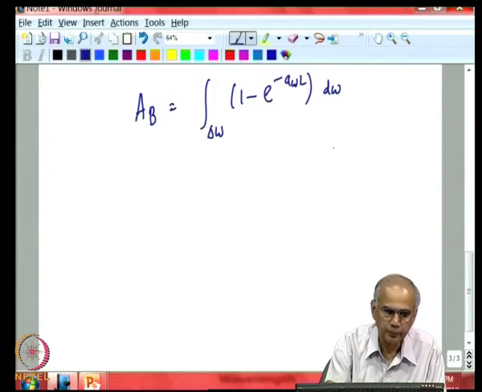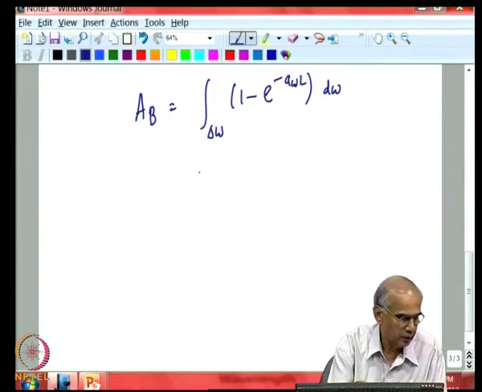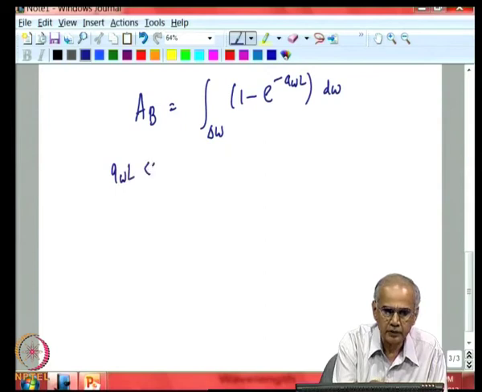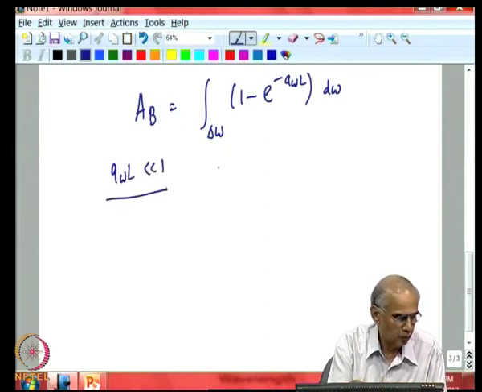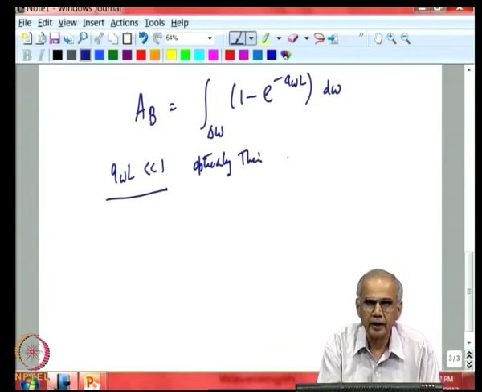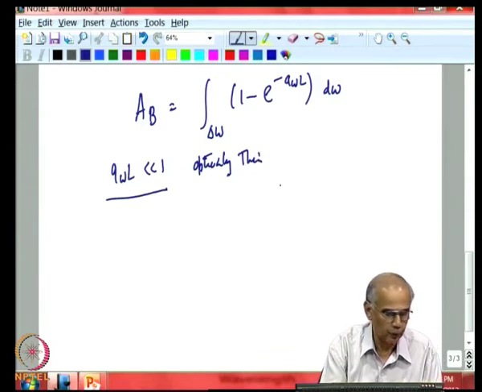So, let us consider a simple case where a_omega L is much less than 1, what we would call optically thin. There is very little gas, and so the absorption is very small.